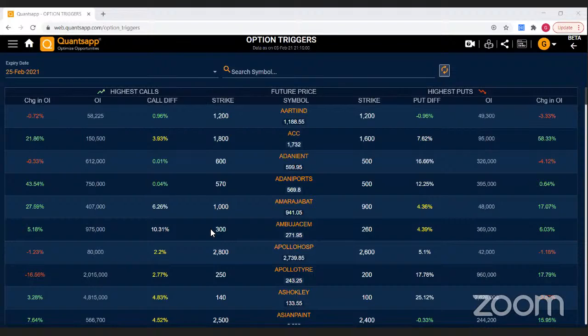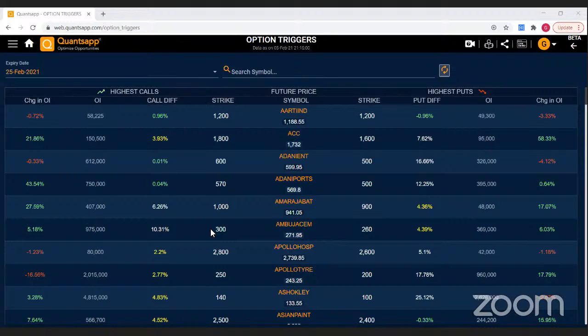So when there was a huge increase in calls at the level of 1000, it gives me an idea that the call writers believe that prices won't cross this level, or even if they cross, it will not be in a big quantum.